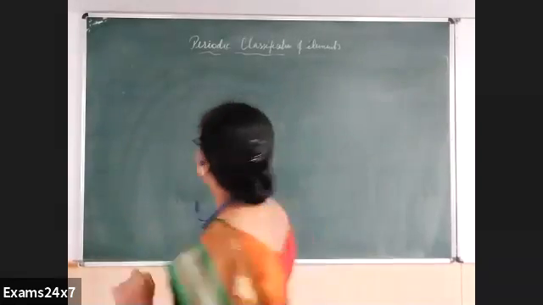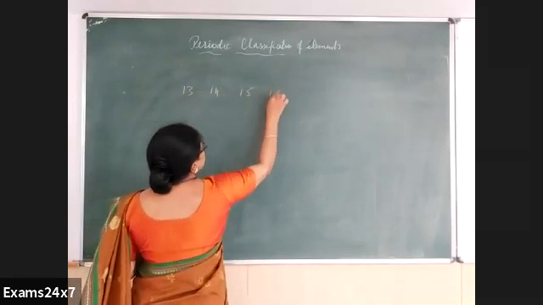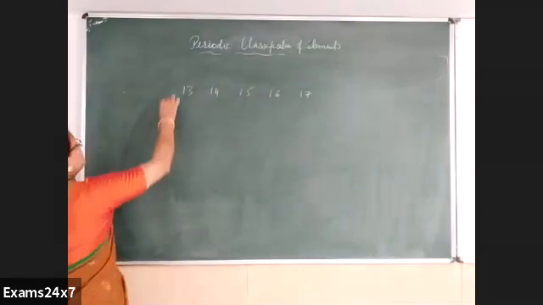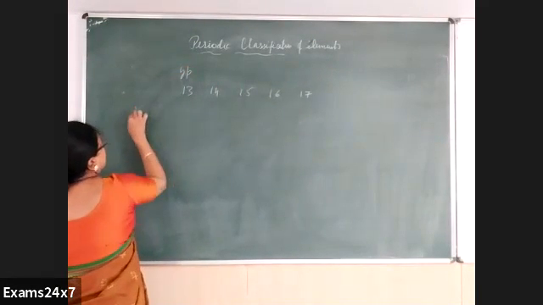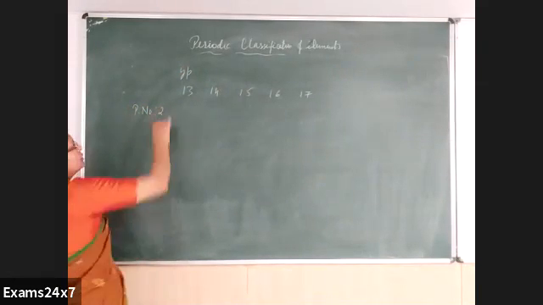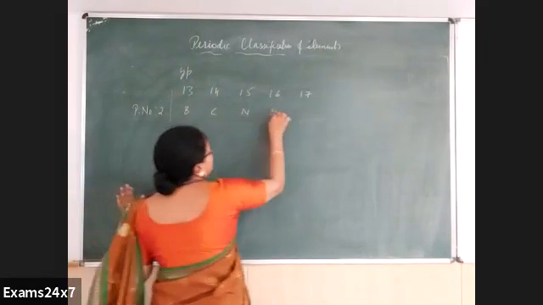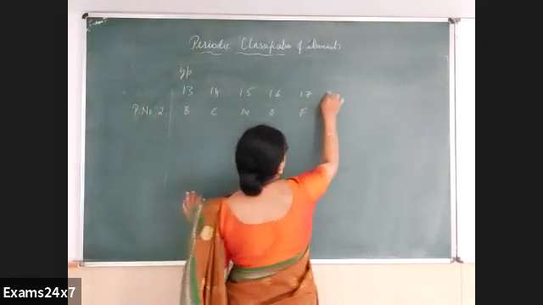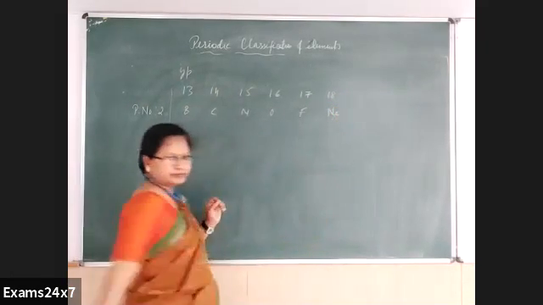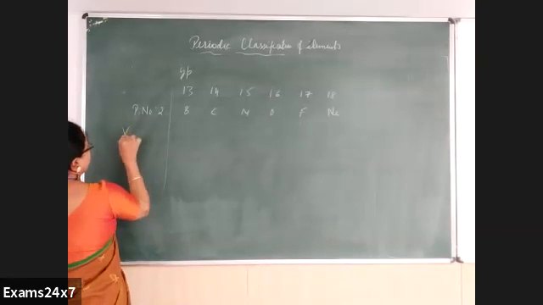But here, let us take the elements from the 13th, 14th, 15th, 16th, 17th group, from the second period: boron, carbon, nitrogen, oxygen, fluorine. 18th group is neon. We'll write the number of valence electrons.